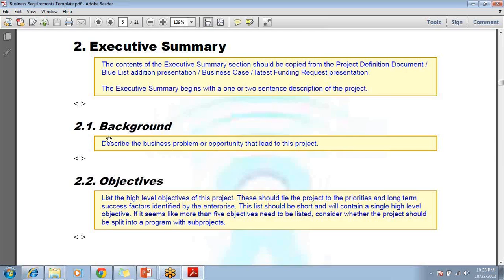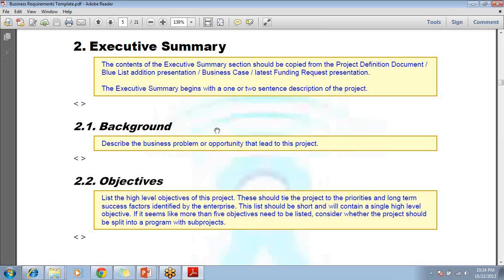In the blue boxes you will see that the executive summary content should be copied from the project definition document. Before the project even starts, there is something called the project definition document, PDD, that just has a one-liner or two-liner statement. That becomes your project executive summary.